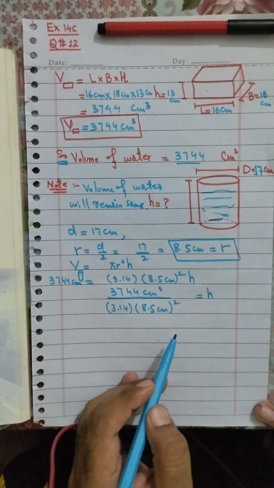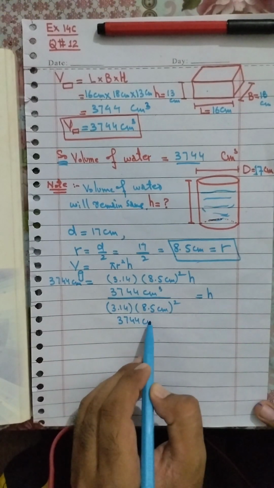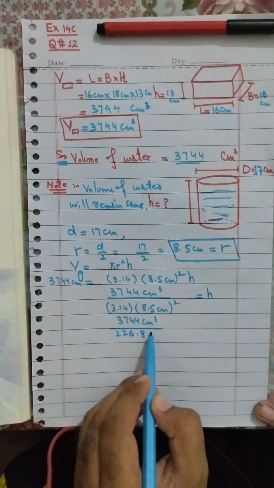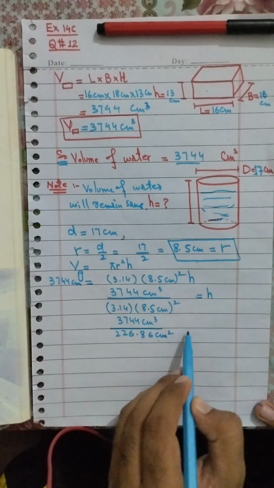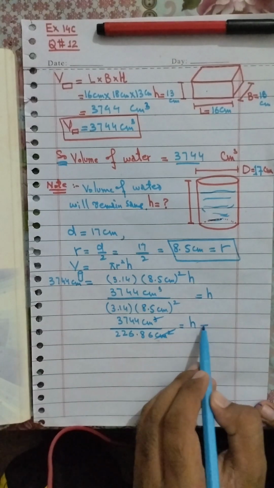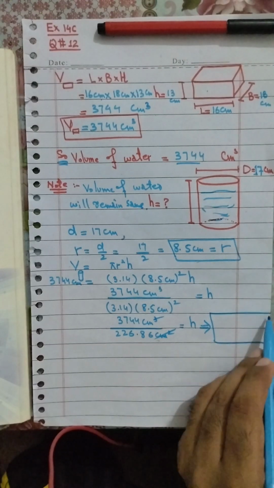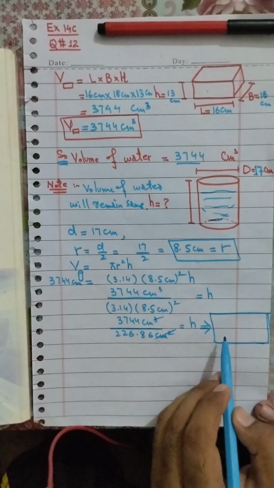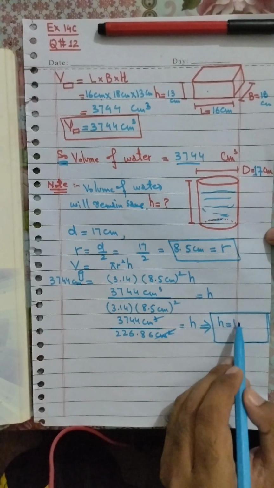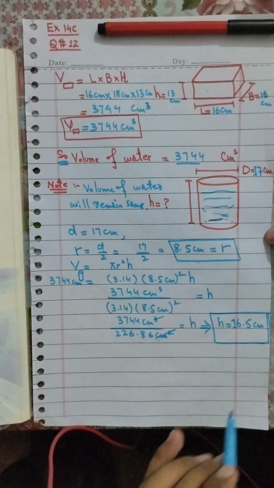Okay, when we calculate these three things, it becomes 3744 centimeter cubed over 226.86 centimeter square. This will be cancelled by this and it comes over here. When we do so, it gives the height. Okay, using the calculator, the height becomes 16.5 centimeter. So the height is this.